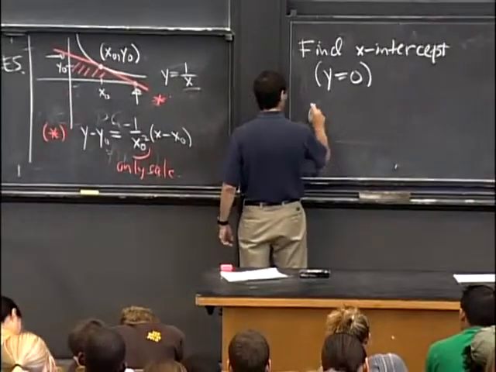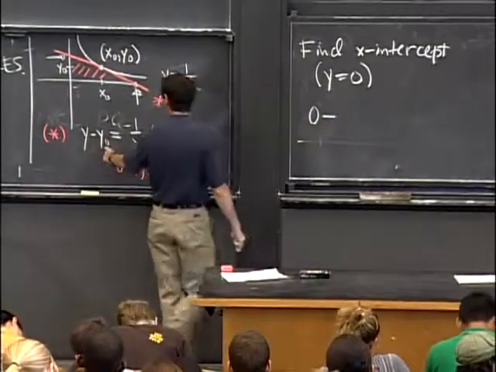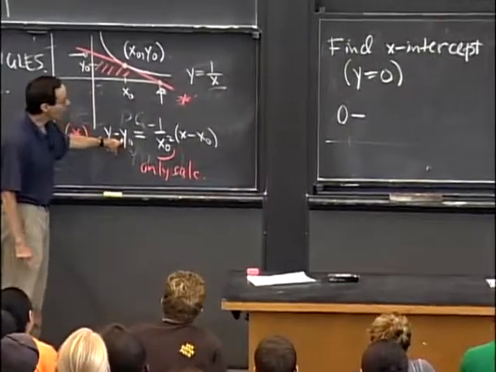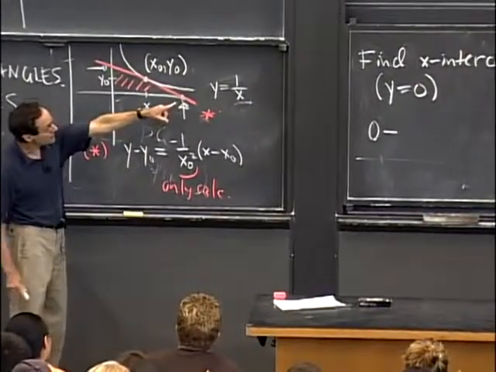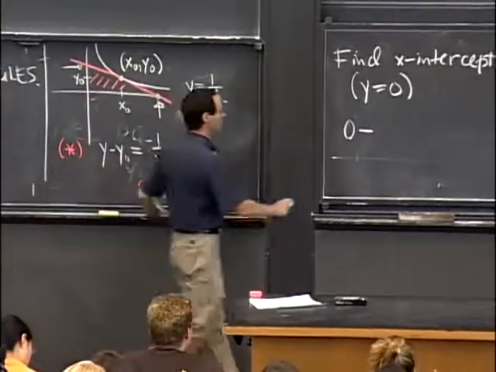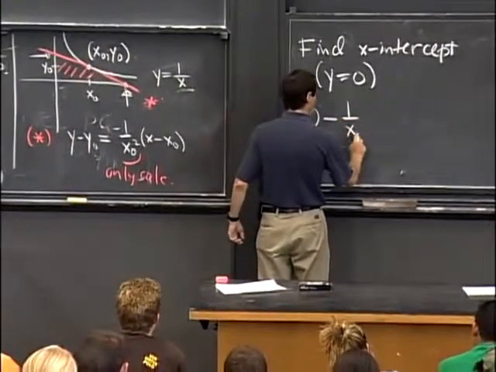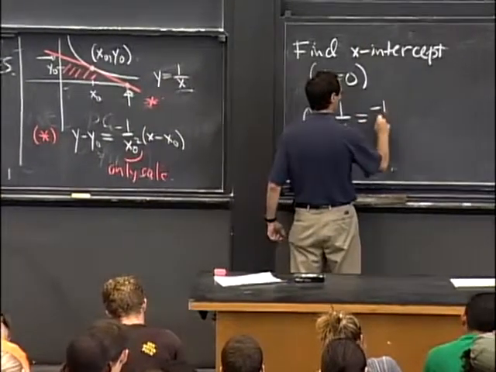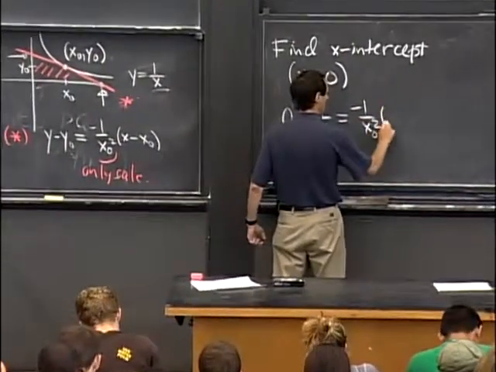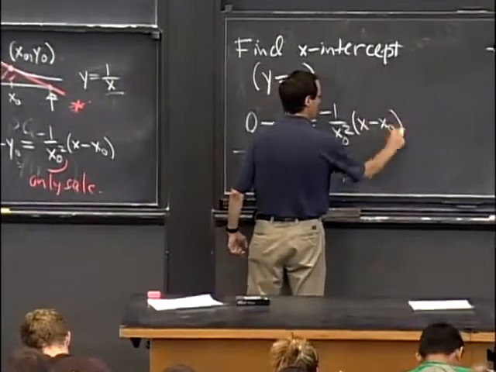So we get 0 minus, one other thing we need to know. We know that y0 is f of x0, and f of x is 1 over x. So this thing is 1 over x0. Right? And that's equal to minus 1 over x0 squared, and here's x, and here's x0.